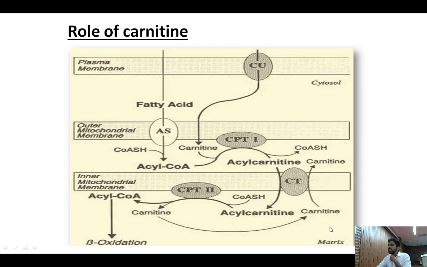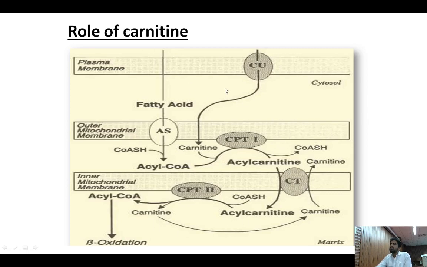Then this acyl carnitine again will be converted back to carnitine plus acyl coenzyme A, right? This acyl coenzyme A will be utilized for beta oxidation in the mitochondrial matrix, and this carnitine will again be transported back to the outer mitochondrial membrane with the help of the translocase enzyme.